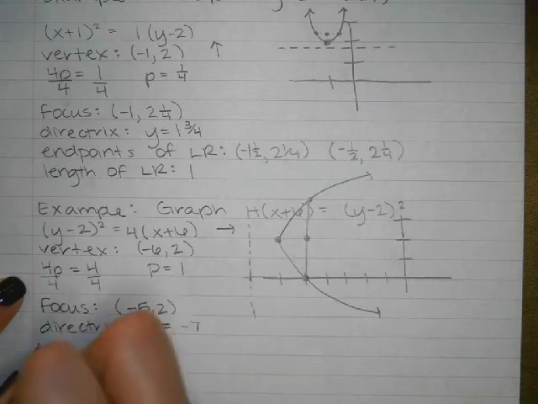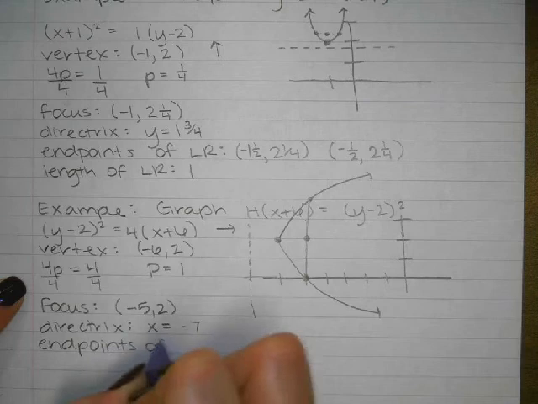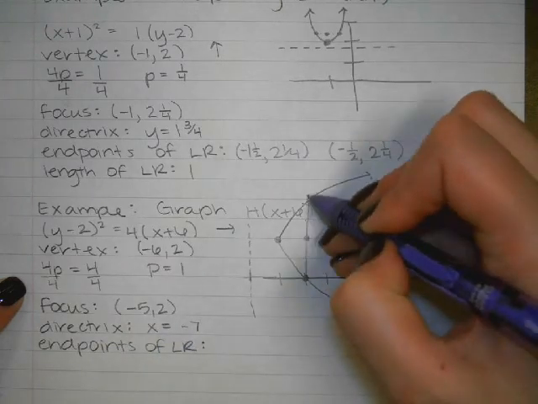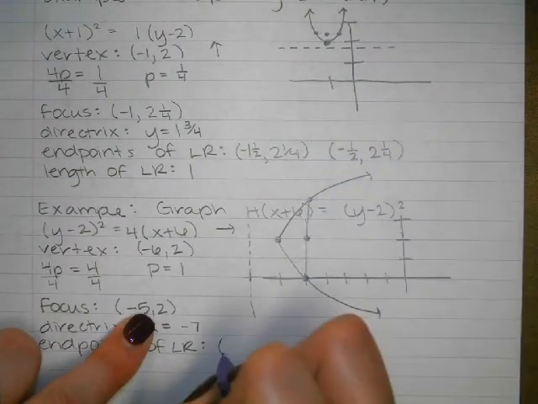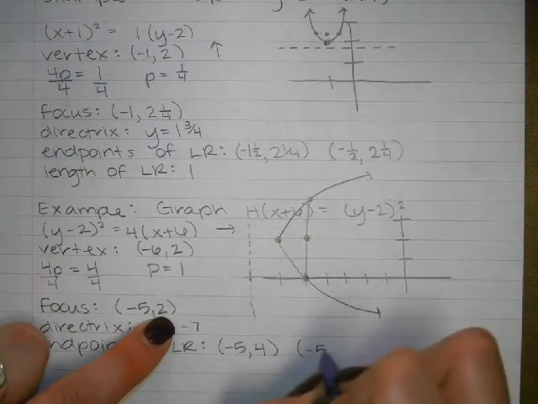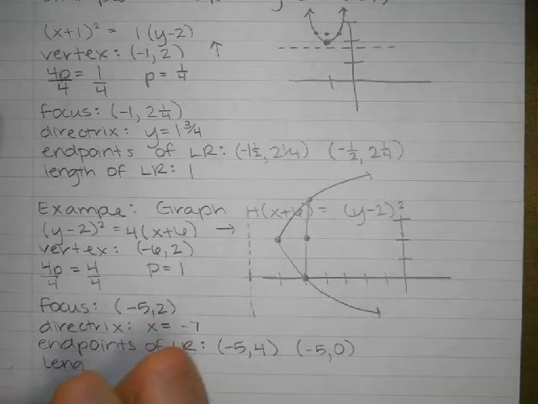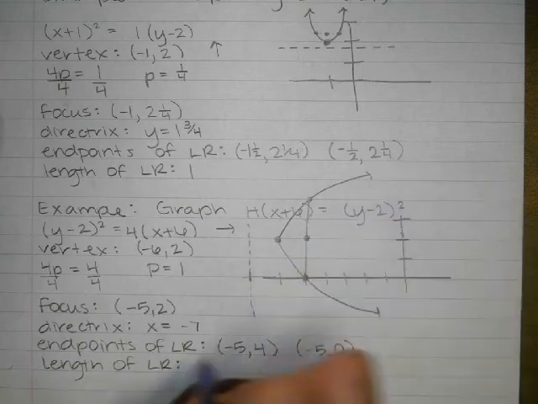And then we have the endpoints of the latus rectum. So they went up 2 and down 2 from the focus. So we're going to keep that x coordinate of the focus. And then if we went up 2, that's 4. If we went down 2, that's 0. And then the length of the latus rectum is 2 + 2, which is 4.